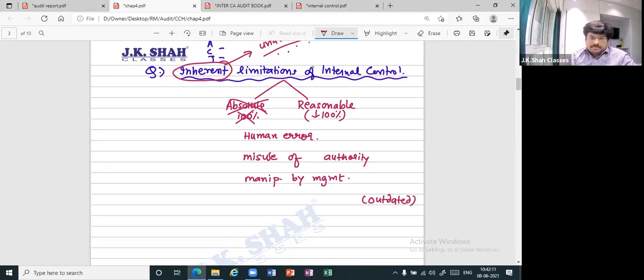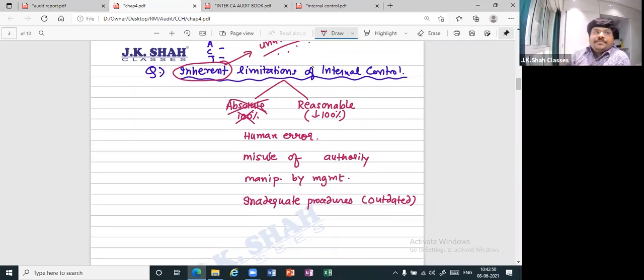Whatever procedures the system performs, if the system becomes outdated, will the procedures be adequate or inadequate? Inadequate. So there are high chances that the system will have inadequate procedures because it will become outdated.